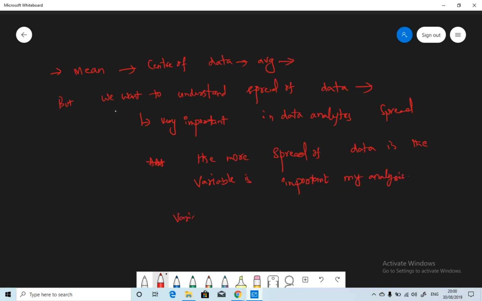The variable having less spread will not contribute anything to models, nothing to the analytics.